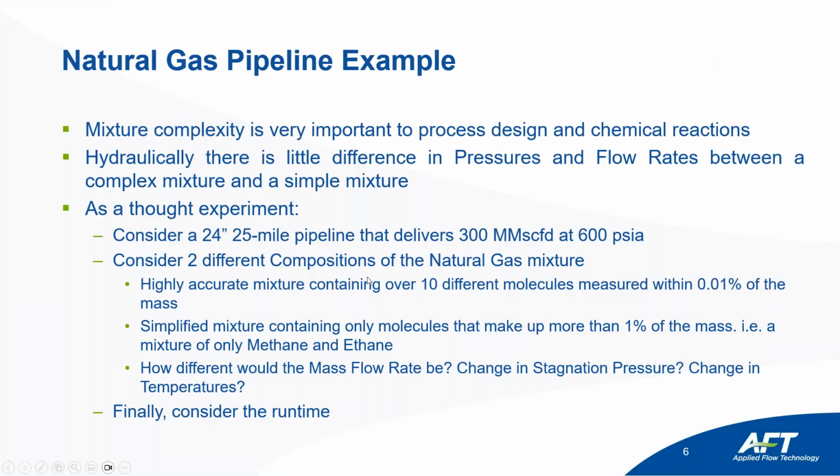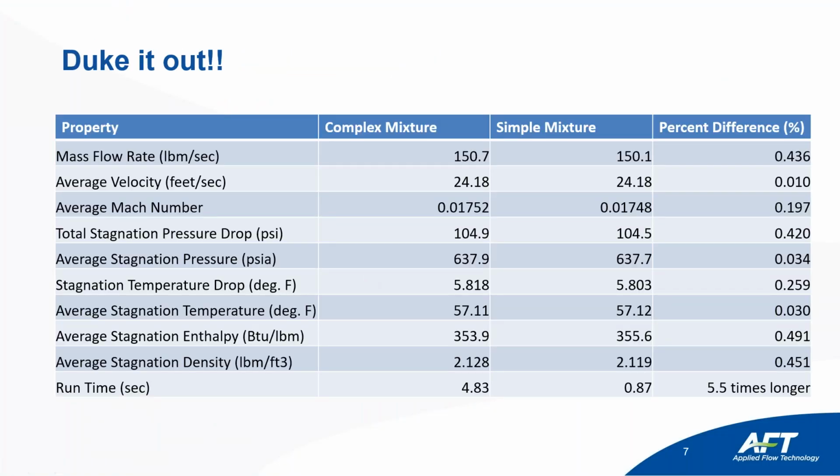I'm going to go back to my PowerPoint and we will look at these on a percentage basis. So comparing these two values, the mass flow rates for the complex mixture and the simple mixture, we can find the percentage difference. The percentage difference is no more than 0.5% for any of these variables that we consider to be important.